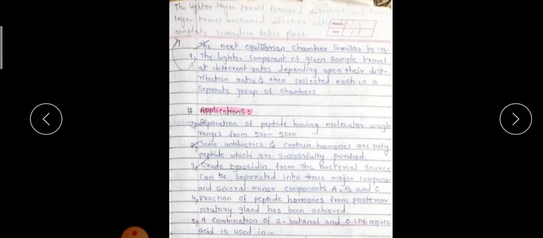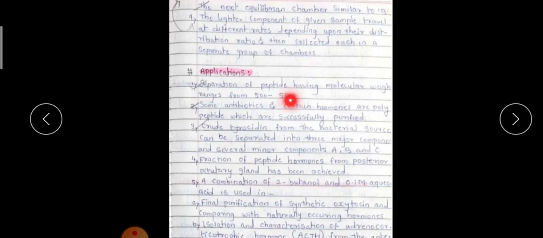You can write: the lighter layer travels in the forward direction, and the heavier layer travels in the backward direction, with the complete separation taking place. This you can also write, it is allowed.